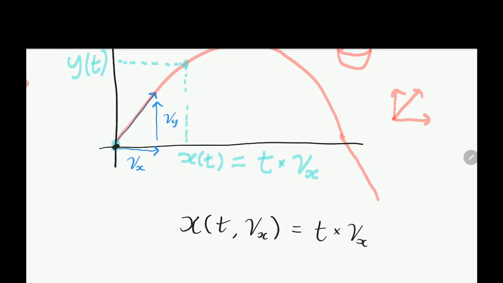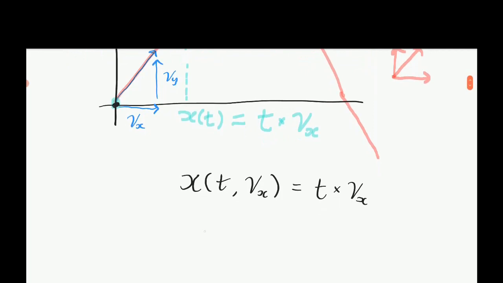So how can we think about this? Well, we can think about this in terms of functions. We have these different inputs, time and velocity, and those are both going to be numbers, so we can choose those two numbers. Let's say they're real numbers.